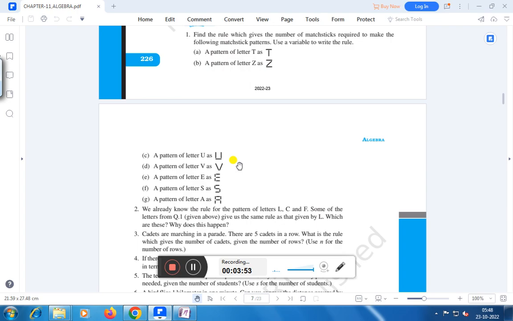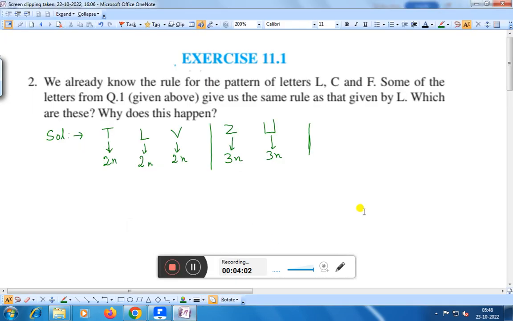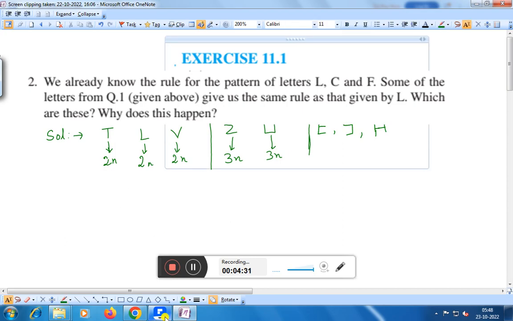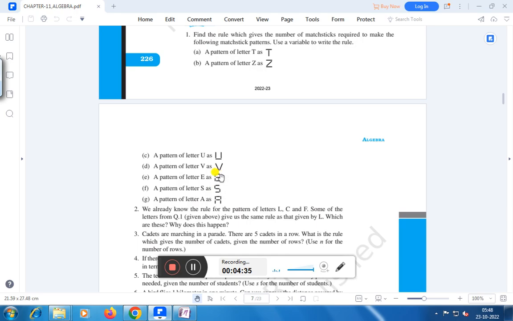And other figures are E, S, A. In case of E, you see there are 1, 2, 3, 4, 5 matchsticks.